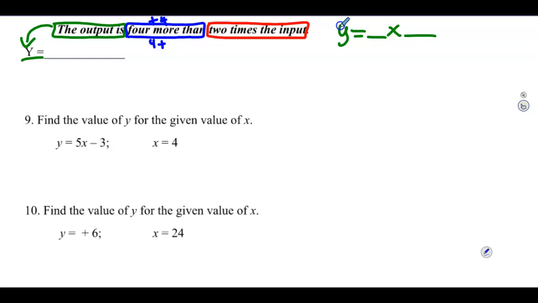So if it was, for example, here's an example, to write 5 times the input, I'd write 5x. That means 5 times the input. So you're going to go ahead and read, figure out the last part where it says 2 times the input, and you're going to write that in the equation. So what goes here? And then we already know what comes at the end.